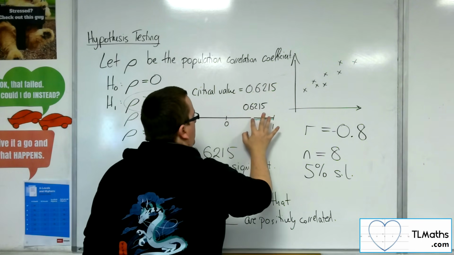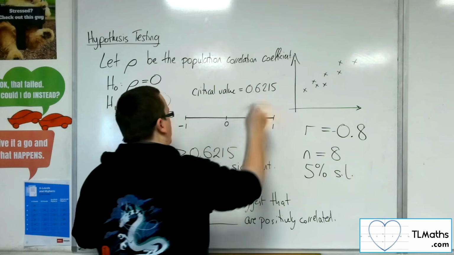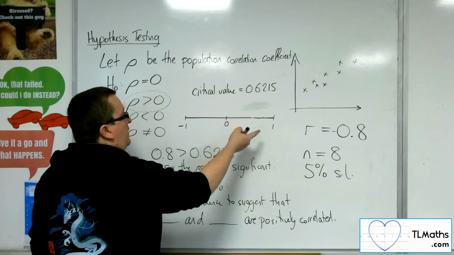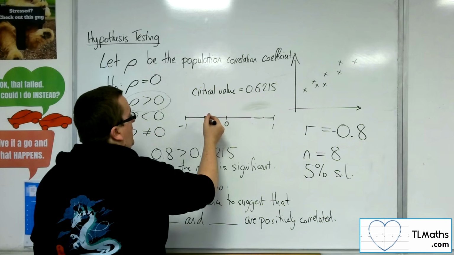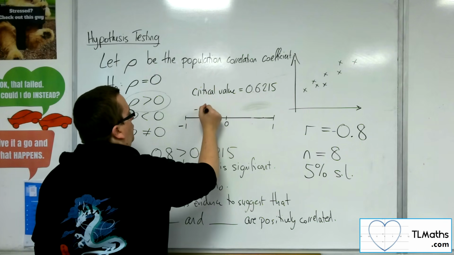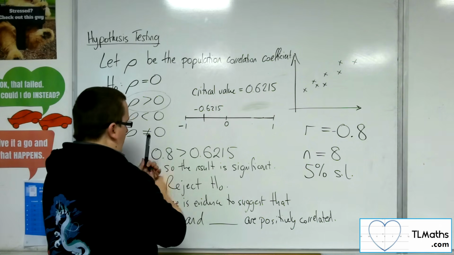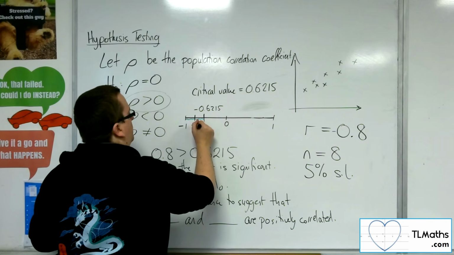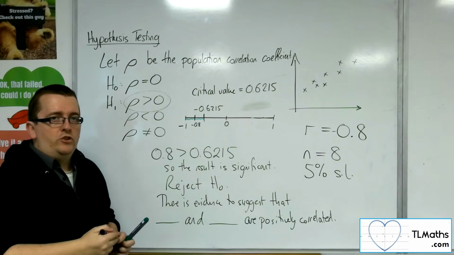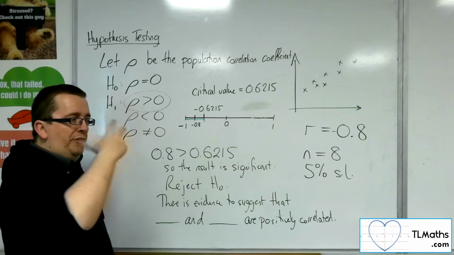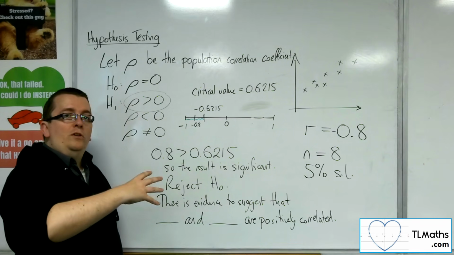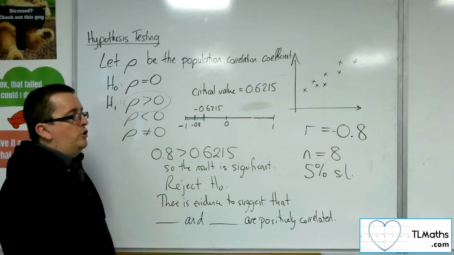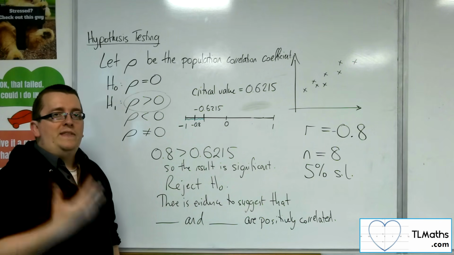So what you would instead do is use the fact that the critical value works at both ends. This is the same as saying we're looking at minus 0.6215, and this is my critical region, and minus 0.8 is here, which is in the critical region. So you can make it positive or negative depending on whether you're looking at positive correlation or negative correlation. That is the structure, and we're going to go through a few examples in the next few videos.